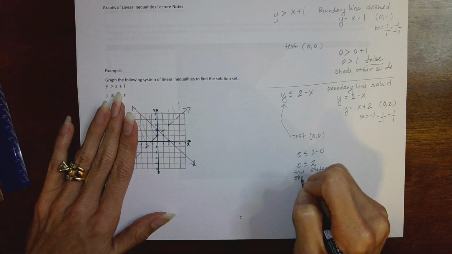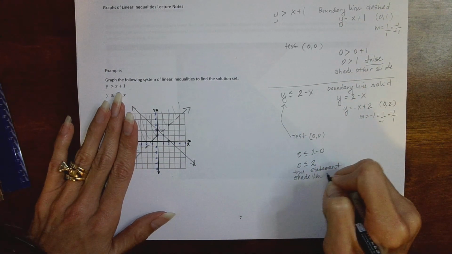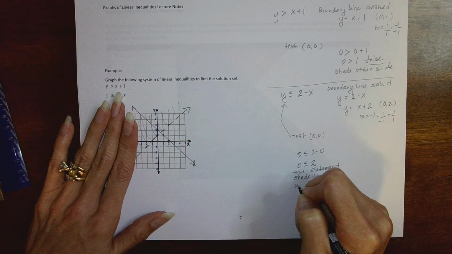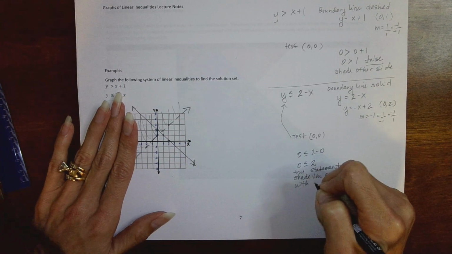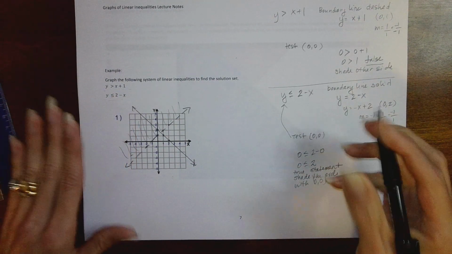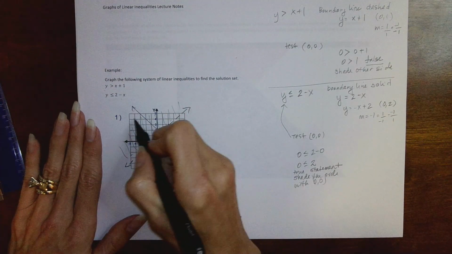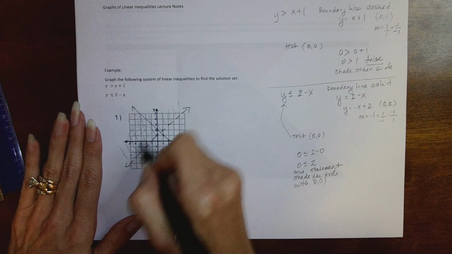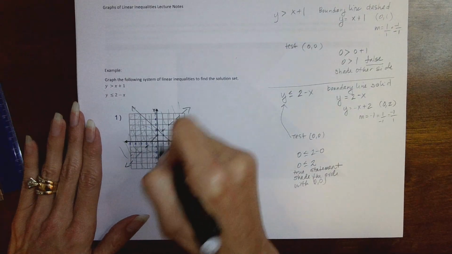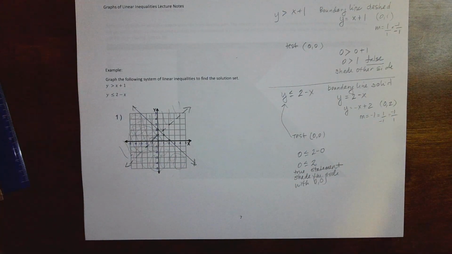So we're going to shade the side that contains 0, 0. So that means this is my line, 0, 0 is here. So we're going to shade that side, and I'm going to do it with circles or squigglies.